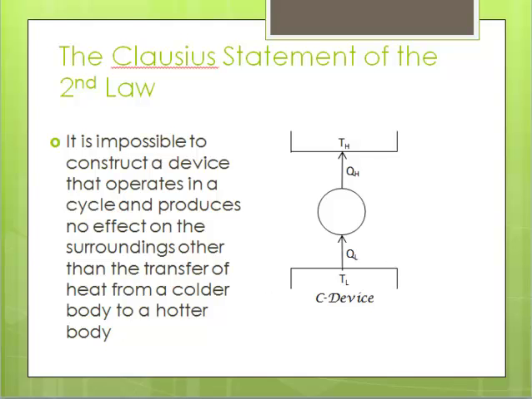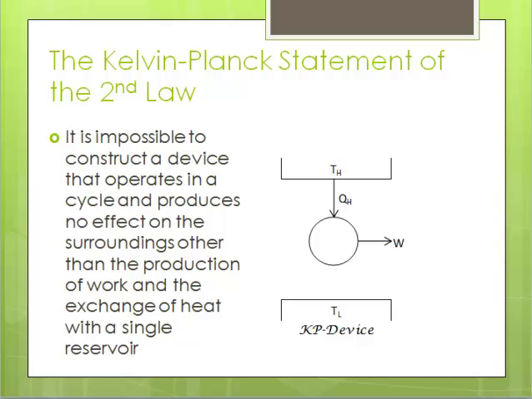Now there's a very similar one called the Kelvin-Planck statement. This one says it's impossible to construct a device that operates in a cycle and produces no effect on the surroundings other than producing work and exchange of heat with a single reservoir. In other words, if I bring heat in and then produce power using that heat, this isn't possible.